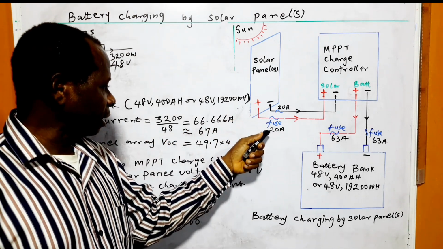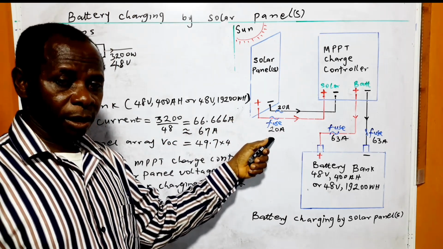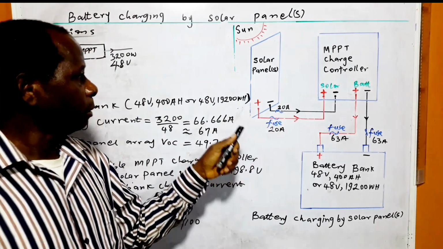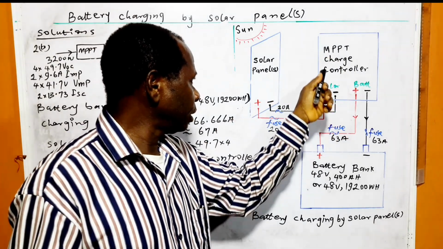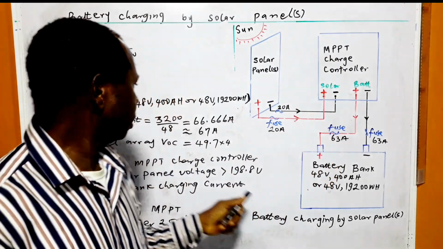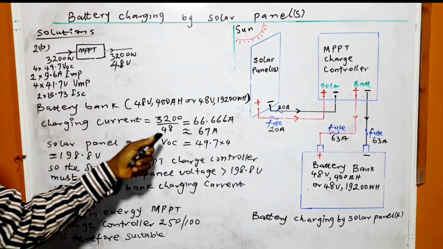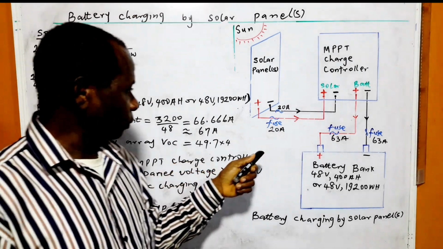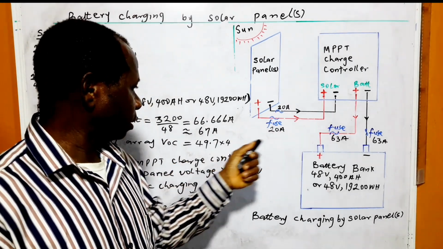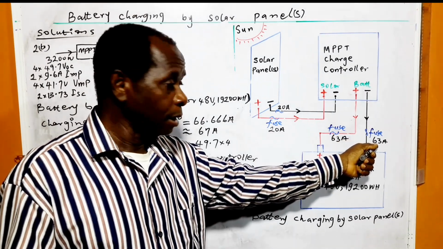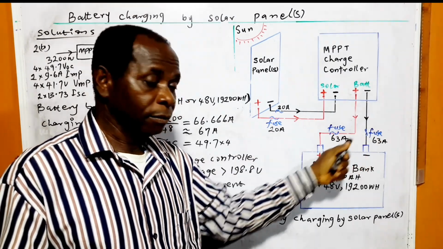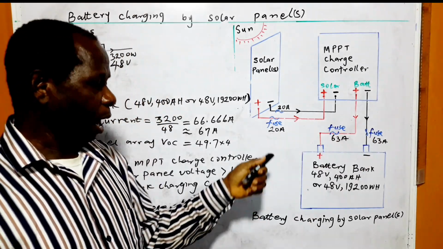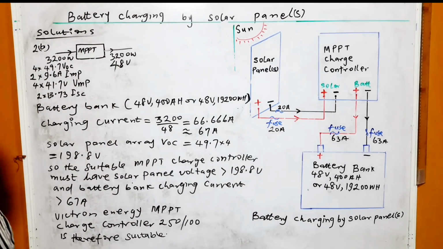The answer will be slightly less than 20, so a 20 amp fuse is suitable. So 20 amp to 20 amp. Between the MPPT charge controller and the battery, we calculated the charging current to be approximately 67 ampere, and the fuse rating close to that is 63 ampere. So this is how to do the sizing of the fuses.